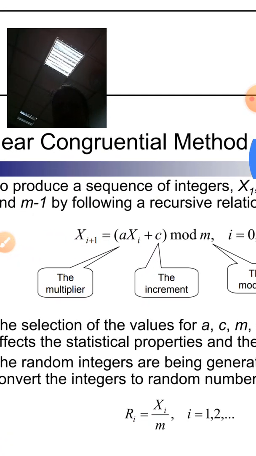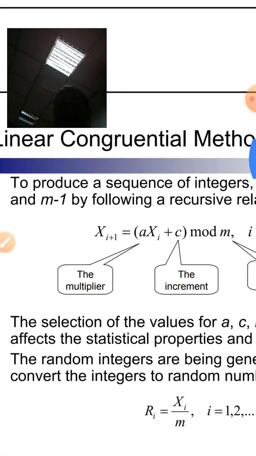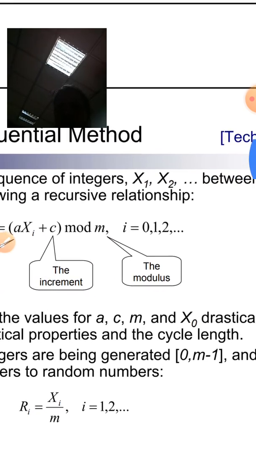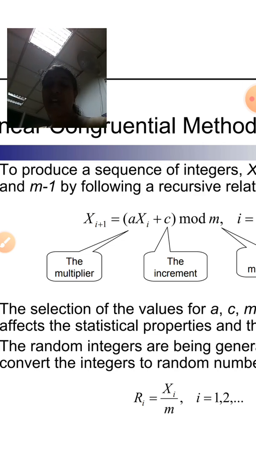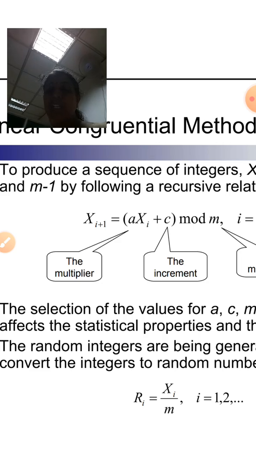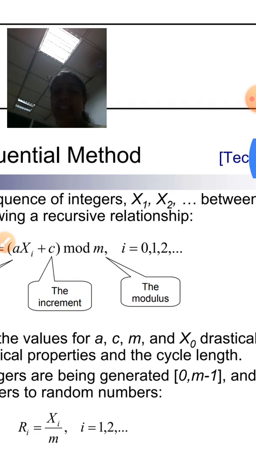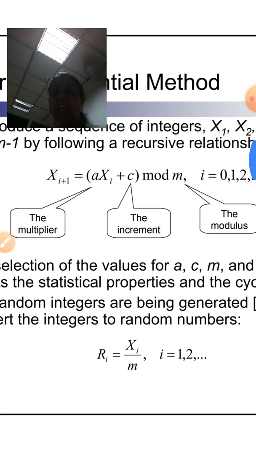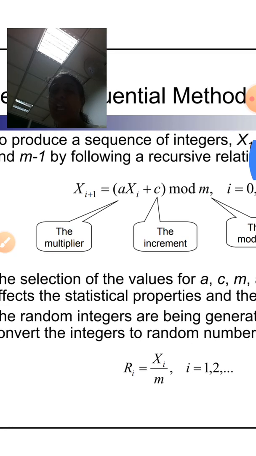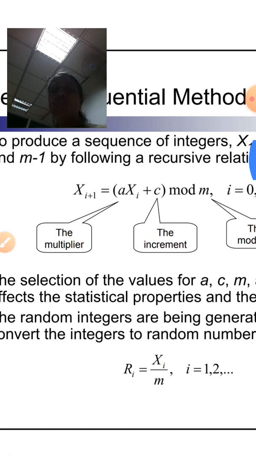So when we select these values a, c, m and x naught, they are going to affect the statistical properties and the cycle length that we have discussed for random numbers. The selected values should not affect the properties of randomness, that is uniformity and independence.